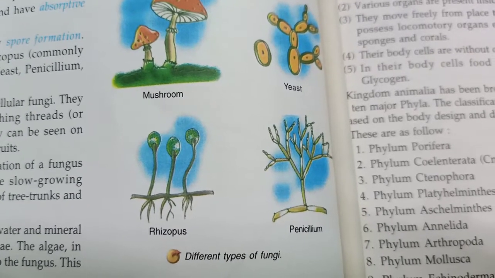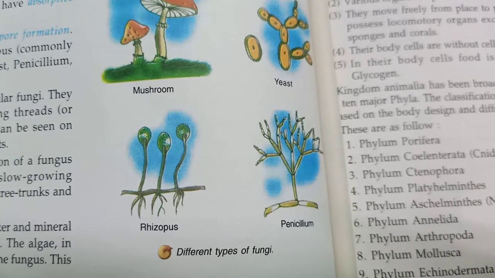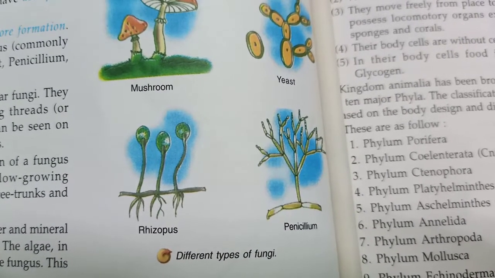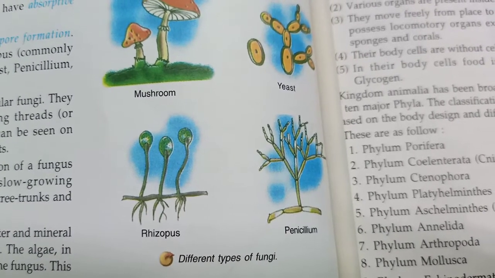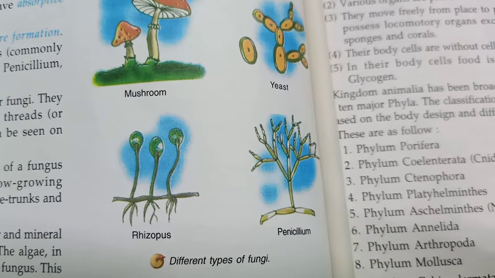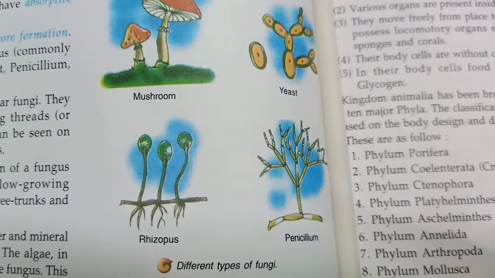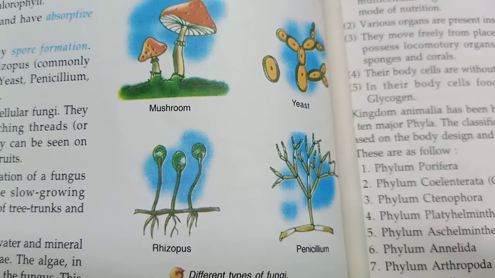And Penicillium, this fungi we use for making an antibiotic, and it is made from Penicillium notatum. So this is all about the two kingdoms, kingdom Protista and kingdom Fungi. In the next session I am going to teach you the remaining part of kingdom classification. Thank you.